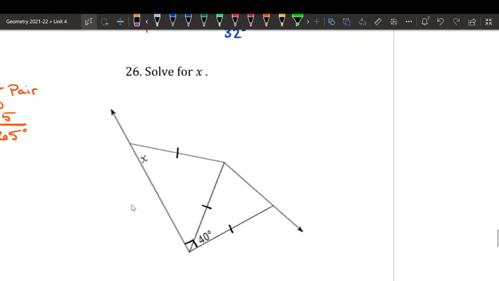All right, one more of these. We have to start with the 40 degrees. So 40 degrees is the vertex angle of an isosceles triangle. I know it's isosceles because the two sides are marked the same. So I can say that the base angles are going to be the same.